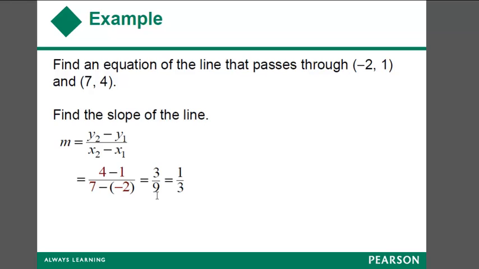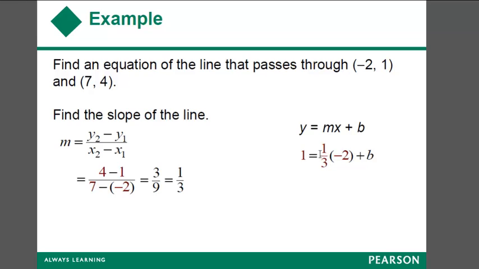I now know, my slope being 1/3, that I can use the form y equals mx plus b to find my b. I can use either point. I can use (-2, 1), or I can use (7, 4). I'm going to use (-2, 1). I'm going to plug -2 in for x, 1 in for y, and 1/3 in for my m, my slope.